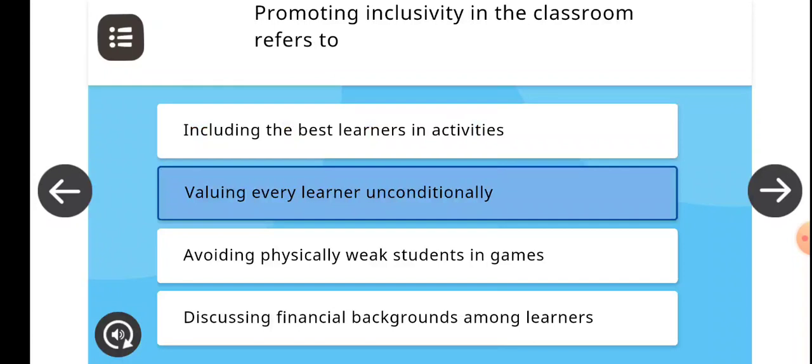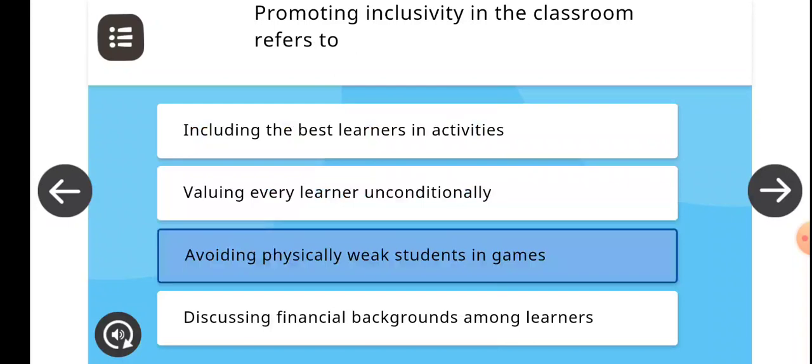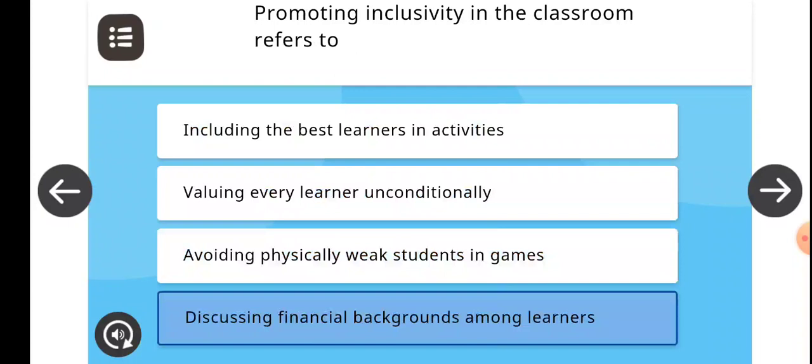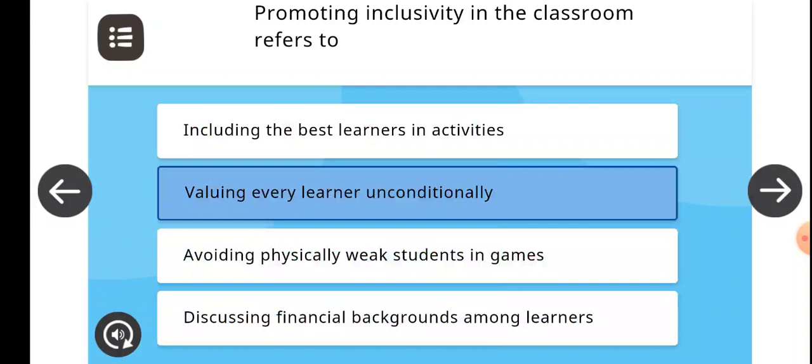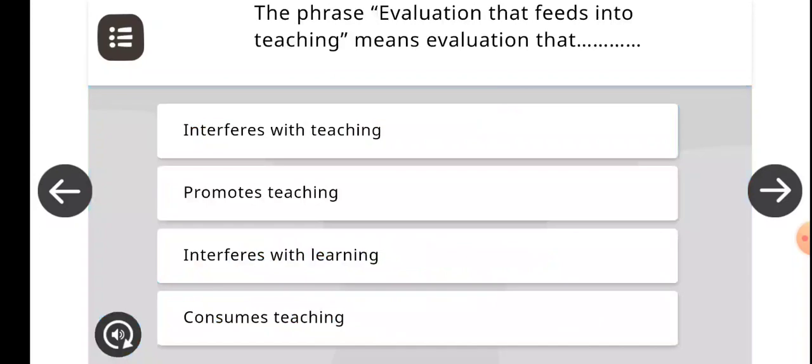So we take each and every student without making any conditions and without showing any bias. Is it the right answer? Or avoiding physically weak students in the games? No. Discussing financial backgrounds among the learners? No. So to promote inclusiveness in the classroom, we need to value each and every student unconditionally without showing any bias. So the answer is B.